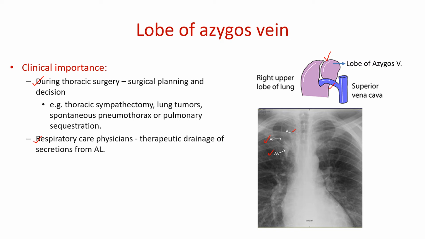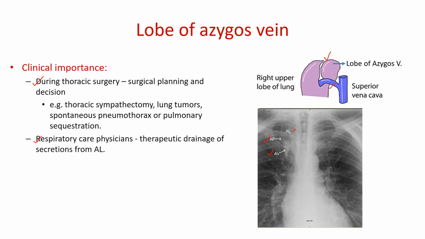So the right posterior cardinal vein will penetrate the right lung. That's what you are seeing in this picture, carrying along with it the two pleural layers that invaginate into the upper portion of the right upper lobe.